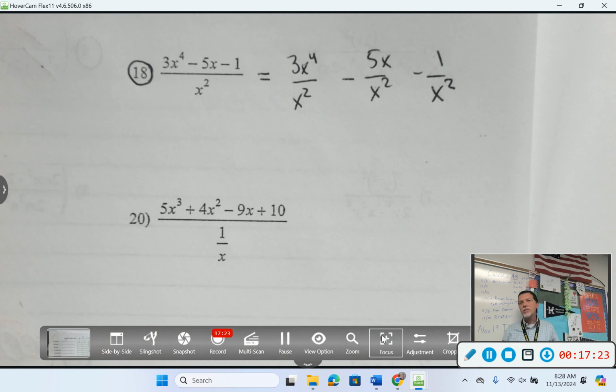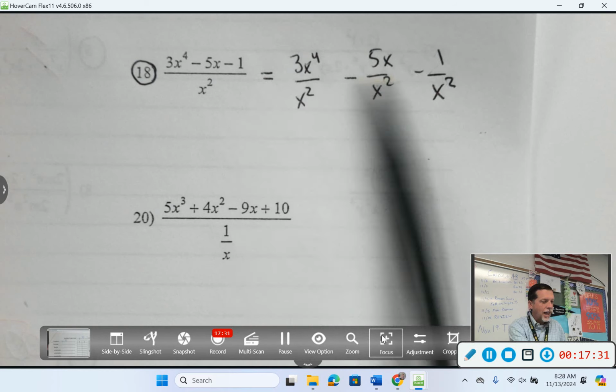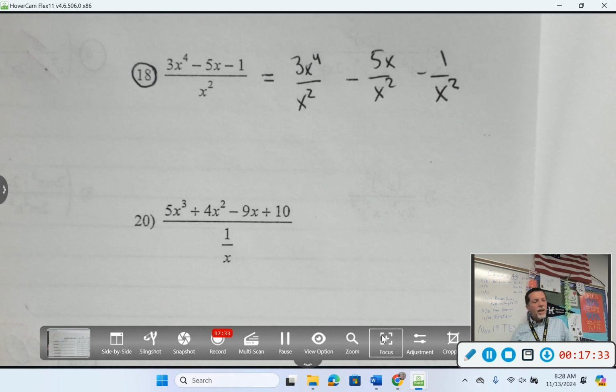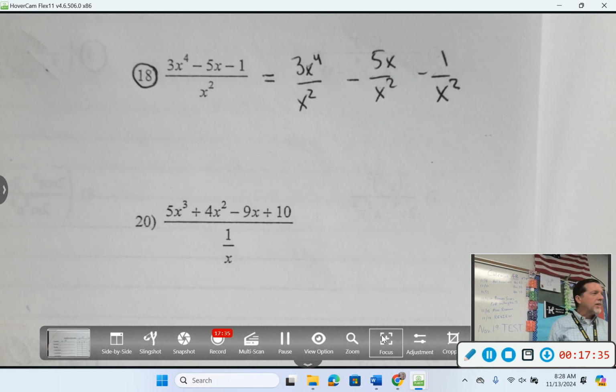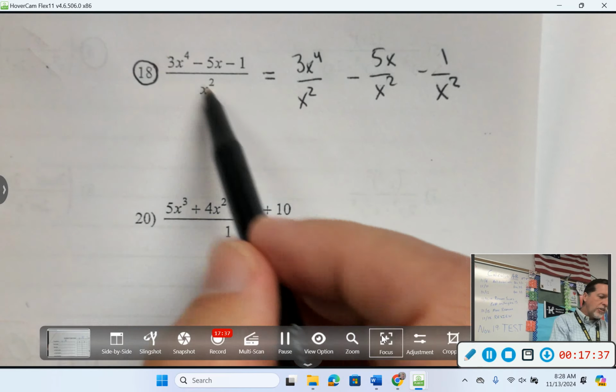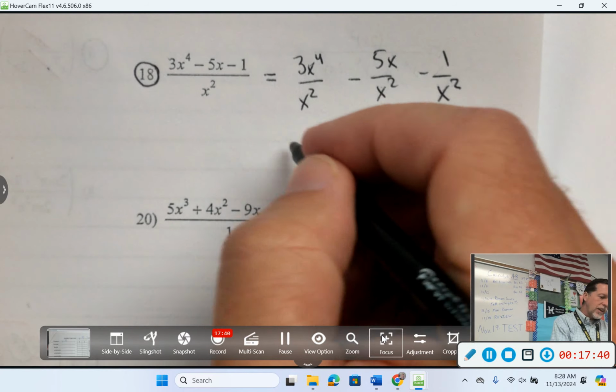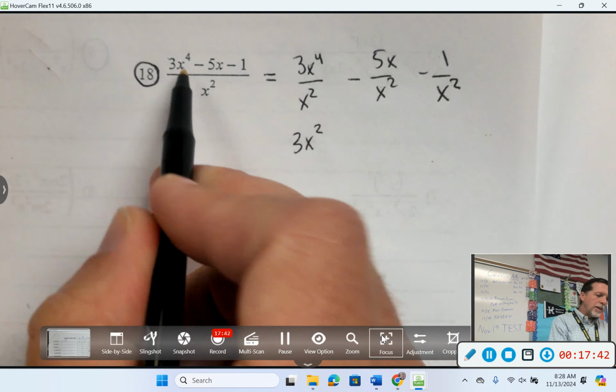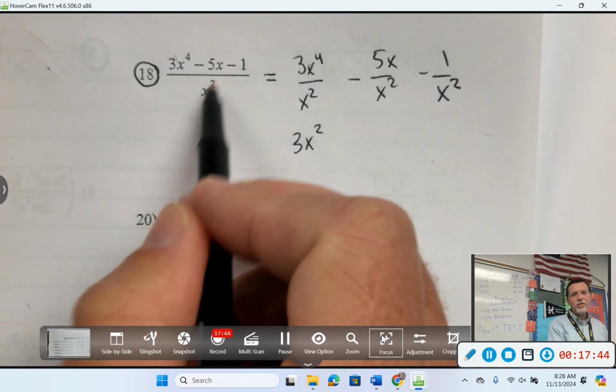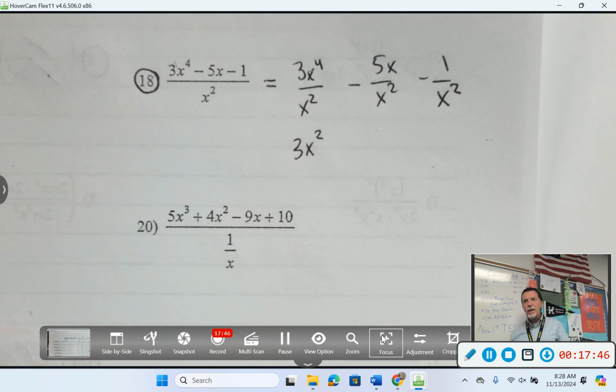And maybe it's wiser to write it all out, sort of separate out. We had a common denominator. We added the numerators. But if we want to simplify, we need to break it back out again. So yes, you can do x to the 4th over x squared is x squared. But I wouldn't do it here because then you sort of lose track of the x squared being able to cancel with the 5x. Or the 1.